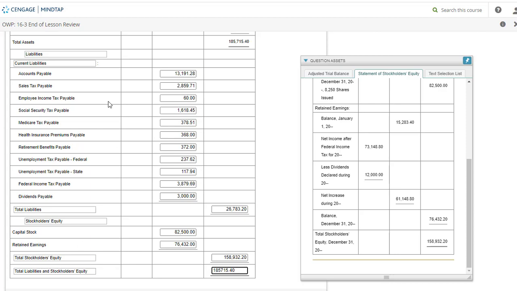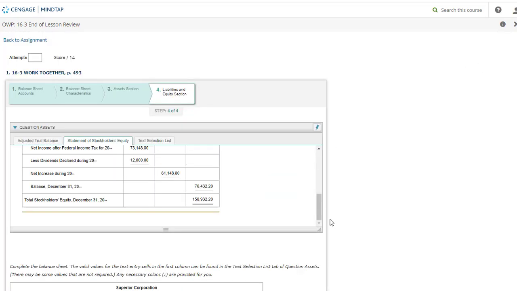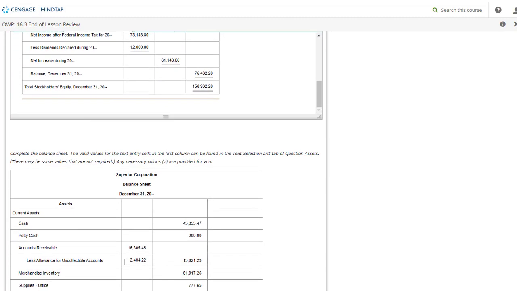And that matches our total assets. That means we did it correct. And we'll go ahead and grade that step. And that is how you create your balance sheet. And this is showing you on Superior.